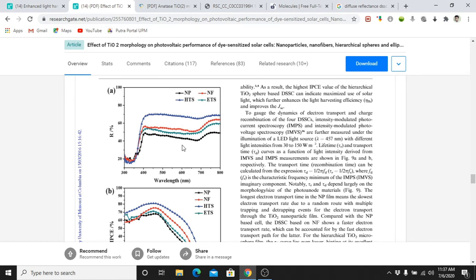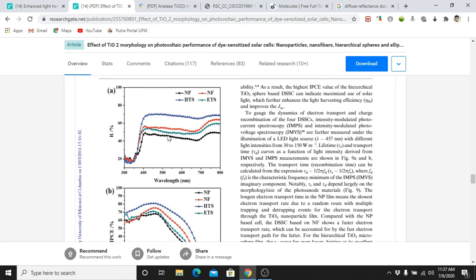As you can see, the best one is the purple, where HTS, hierarchical spheres, has the higher reflectance. So we can say that the HTS has the highest diffuse reflectance because of good light scattering ability.